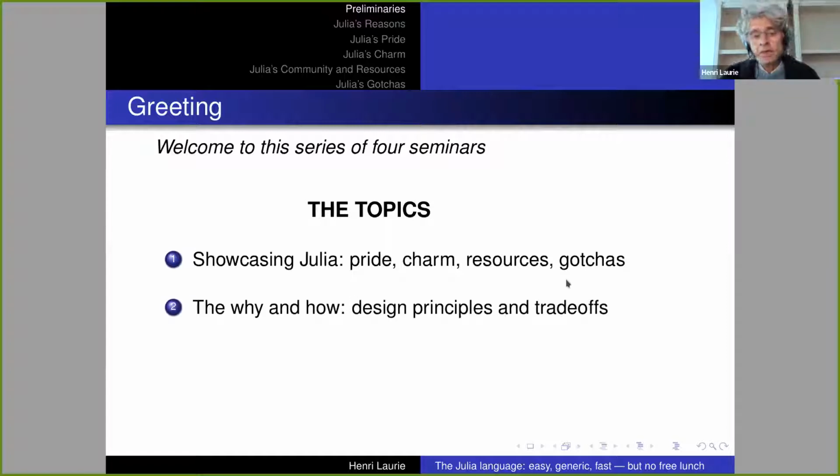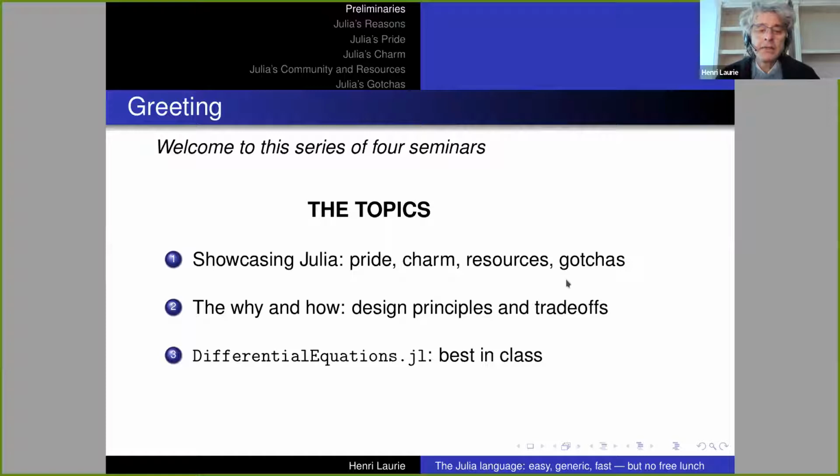Then next week, I want to talk in more detail about the structure of the language, the design principles, the trade-offs, and how they were decided on, and go into more detail of how the components of Julia interact and work together. This then comes together for me in DifferentialEquations.jl. This is a meta package.